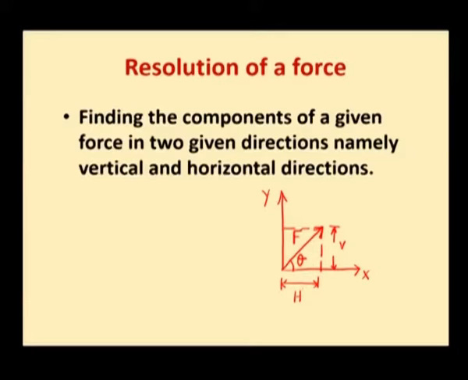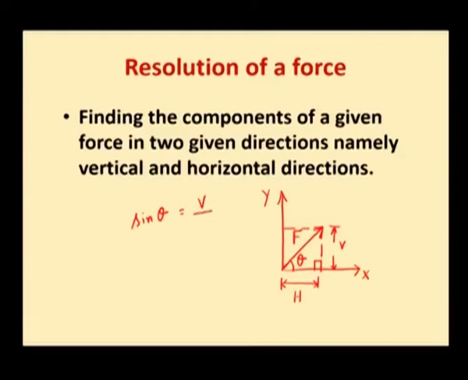Now, to find out the vertical component, let us consider this right angle triangle. In this right angle triangle, this is 90 degree. Now, for this right angle triangle, we shall take sine of the angle theta. Sine of angle theta will be, with respect to theta, V is opposite side.